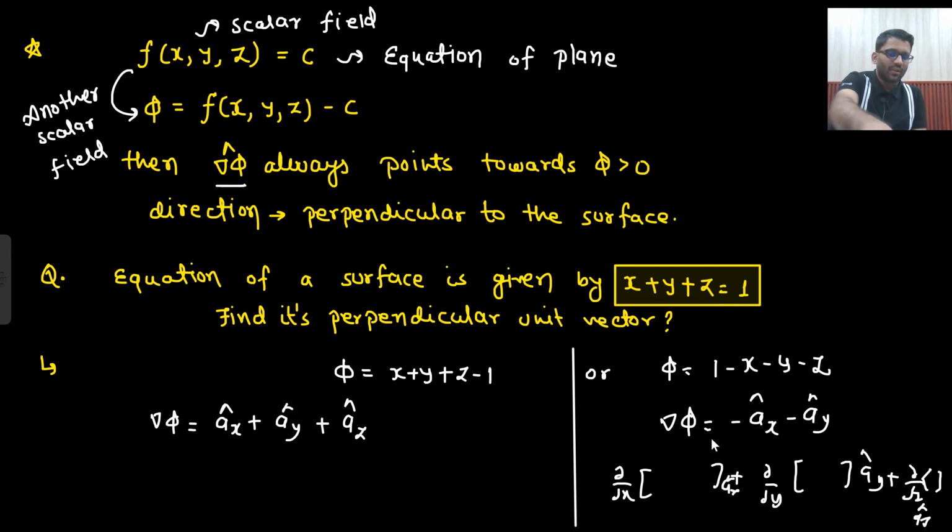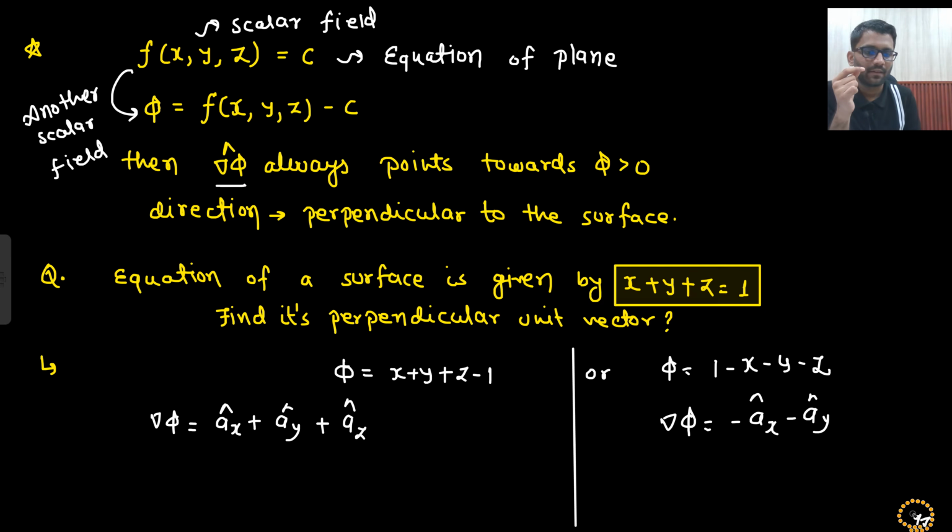So these values I am putting, and then ax cap, ay cap, az cap. So what I am going to get? Minus 1 ax cap, minus 1 ay cap, minus 1 az cap.